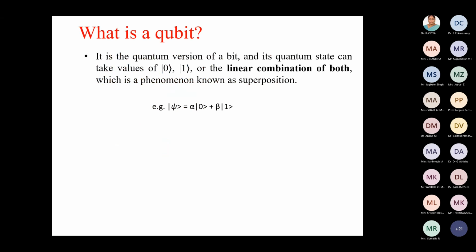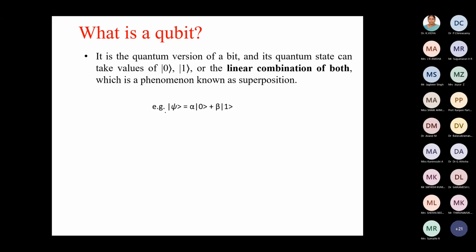So Pratiksha, the way you told that it is a quantum version of bits. In classical we have bits which can take either value 0 or 1. Similarly in quantum, a qubit can take 0, 1, or a linear combination of both. It can be in superposition, a combination of both 0 and 1 simultaneously.